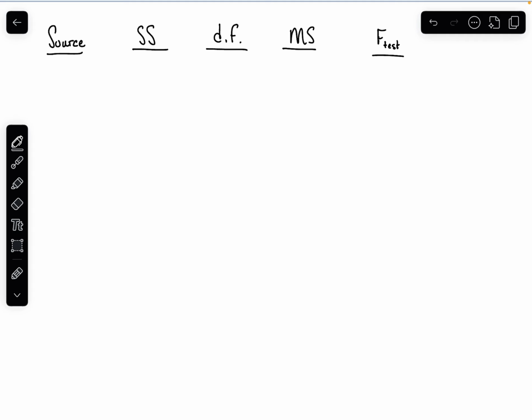Our sources are paint type, location, paint type crossed with location, if you don't mind the abbreviation there, and then within all of the different values. Now, as mentioned, I'm going to give you the sum of squares here.